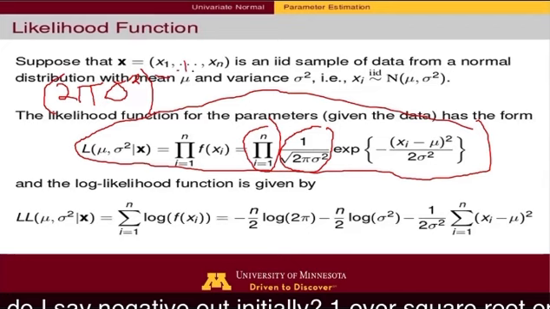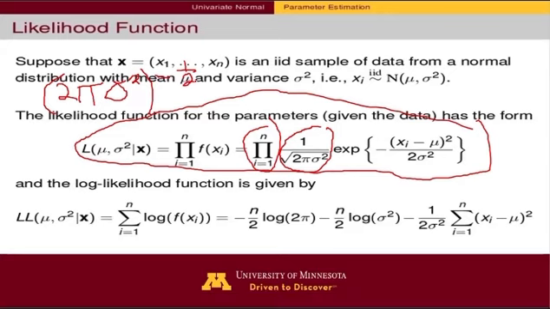Why negative half? 1 over square root of something is 1 over something raised to power half. When that goes up to become a numerator, it's going to be raised to power negative half. Because I'm doing it n times, this is going to be n over 2.